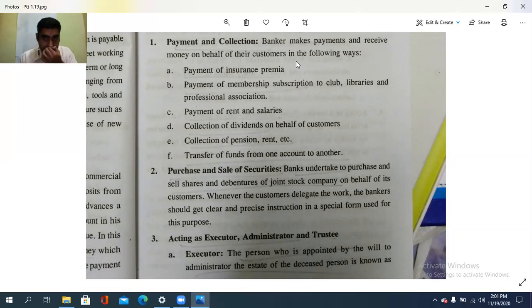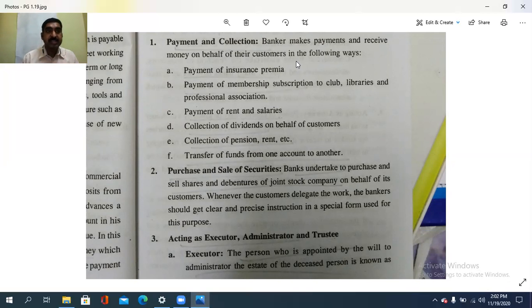Banks undertake to purchase and sell the shares and debentures of a joint stock company on behalf of their customer.